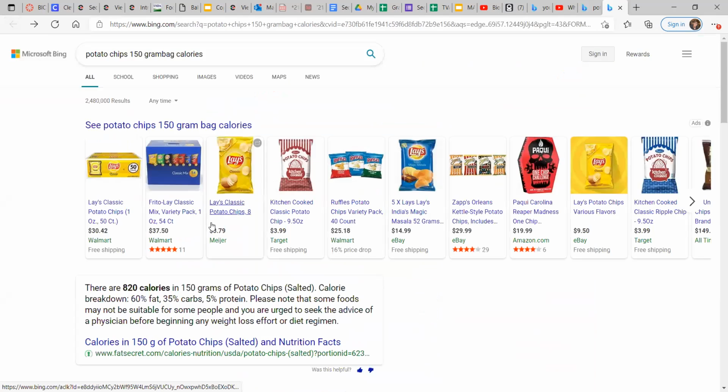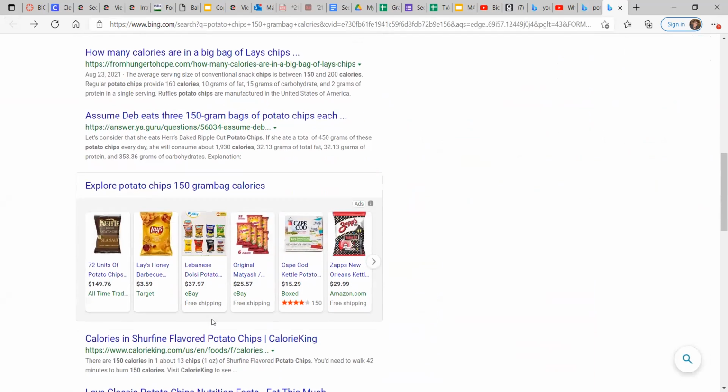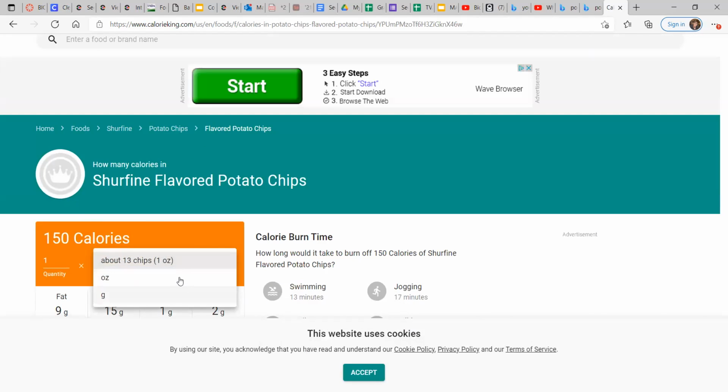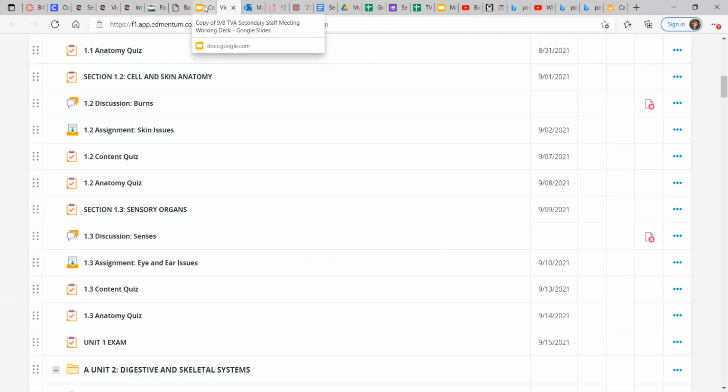So we can look around for more. 150, so 800. So what I'm seeing, at least in the United States, is about 800 calories for 150.